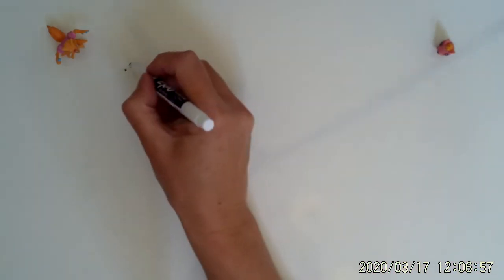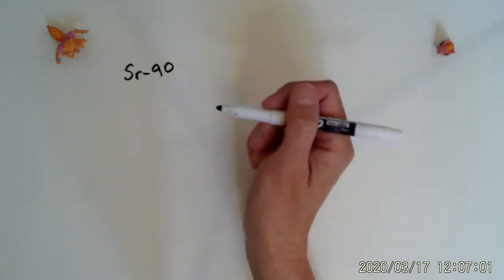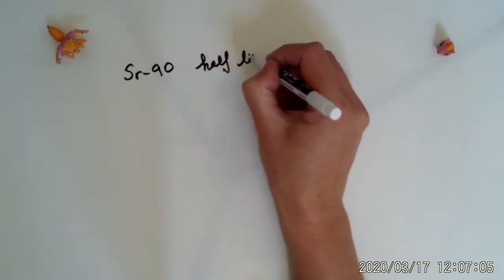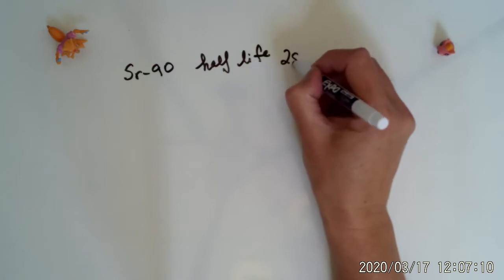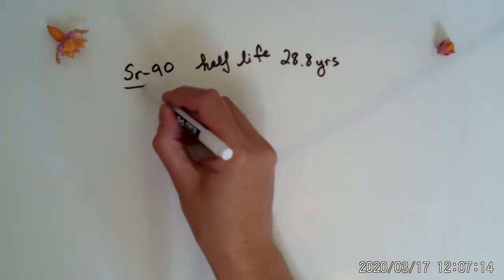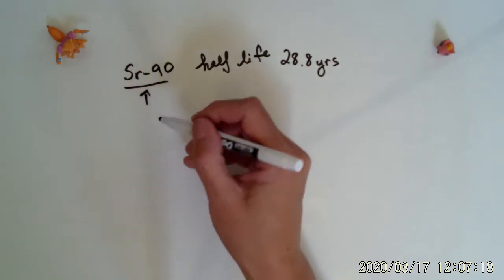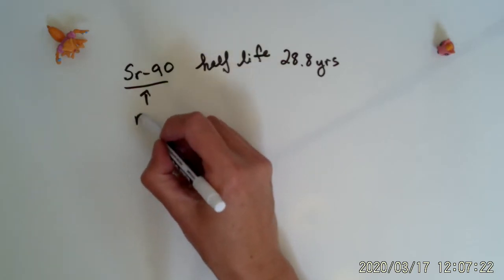Let's take the situation of strontium-90. Strontium-90 has a half-life of 28.8 years. Strontium-90 is a byproduct from basically our nuclear reactors.